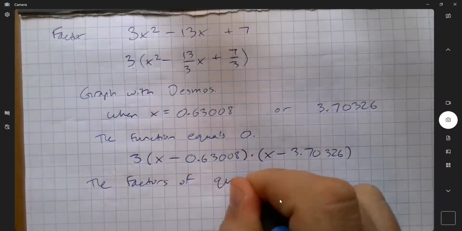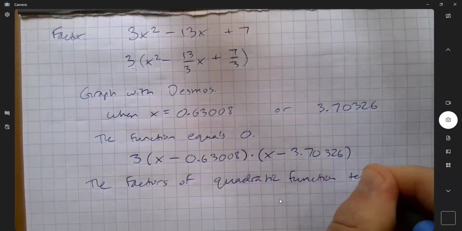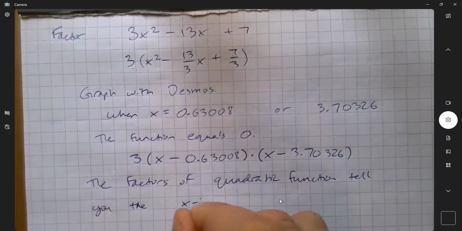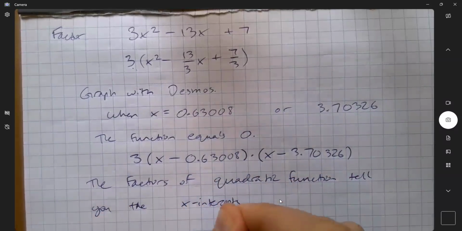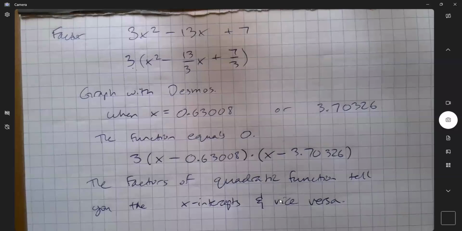So the factors of a quadratic function tell you the x-intercepts and vice versa. You know the x-intercepts, you can build the factors.